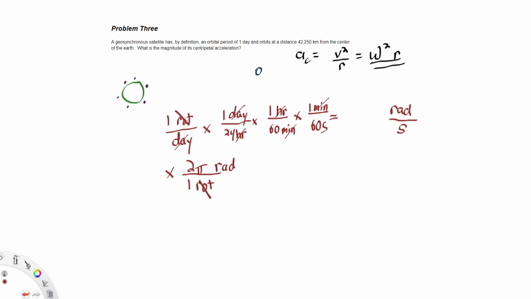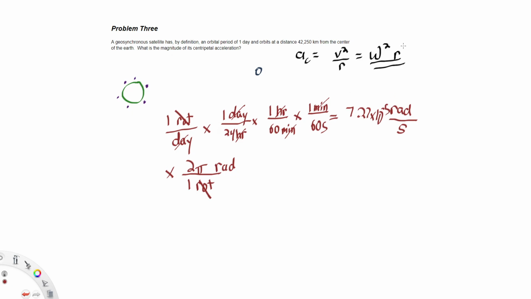So we have 2 pi in the numerator, divided by 24, divided by 60, divided by 60. And we get a small angular speed, right? 7.27 times 10 to the minus 5 rads per second. So not very fast at all.